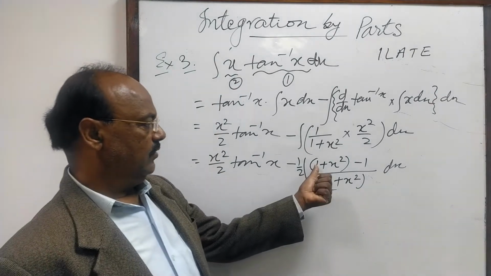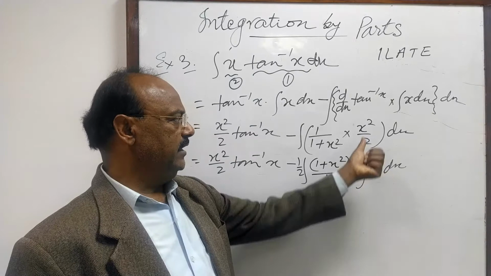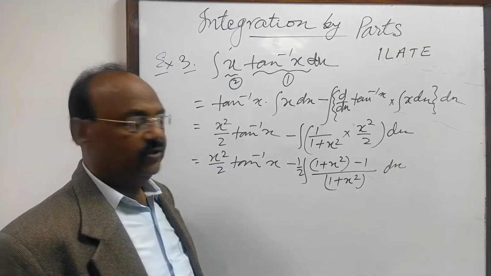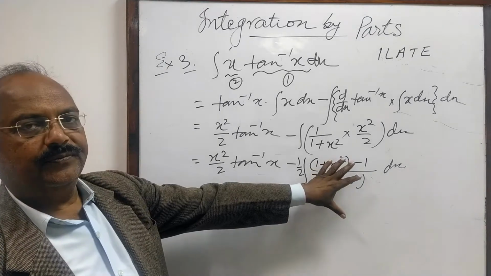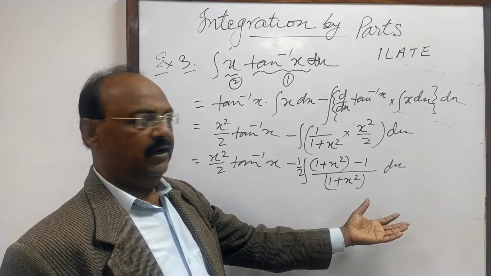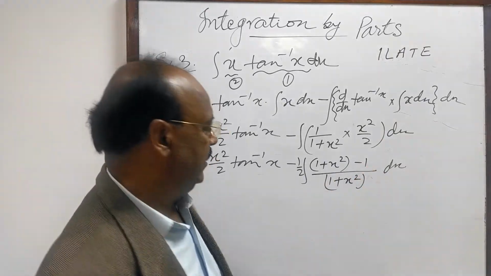You see, 1 has been added here and again 1 has been subtracted, so it cancels out. Finally, we get the same expression x square by 1 plus x square. So what is the benefit of writing this? It becomes simpler and can be integrated very easily. See how we can integrate it.